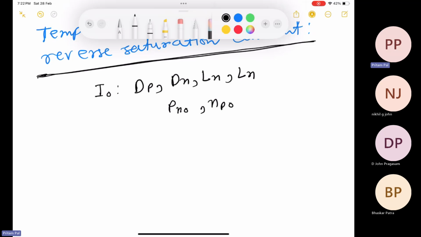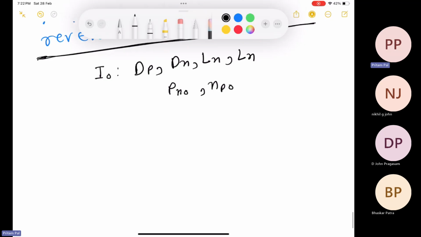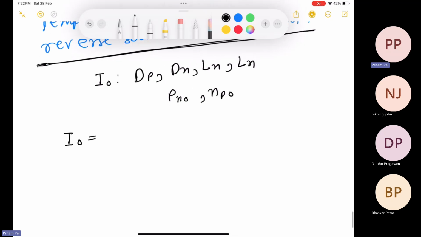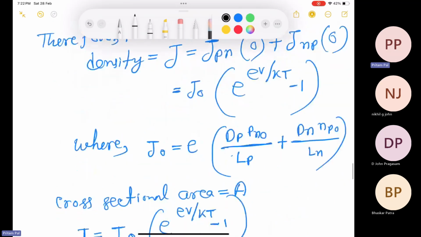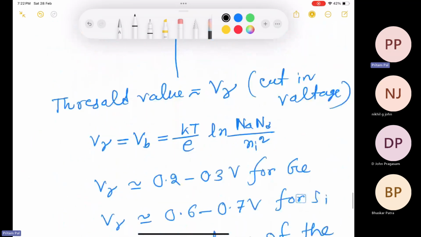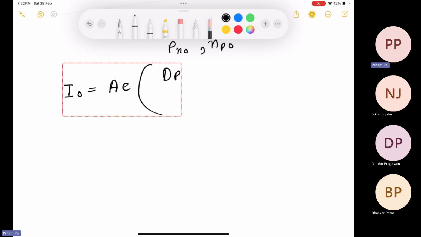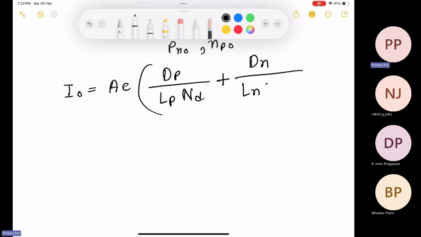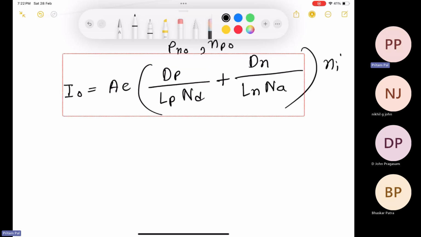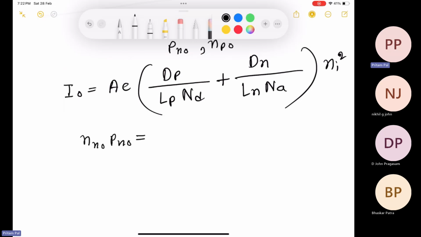Now I already derived this from the last section. I naught is a function of A, D_p, L_p, N_D, D_n, L_n, N_A, n_i squared.